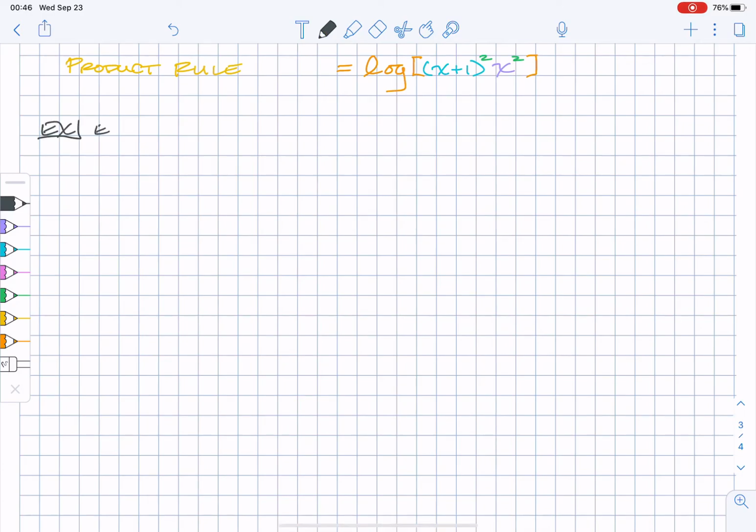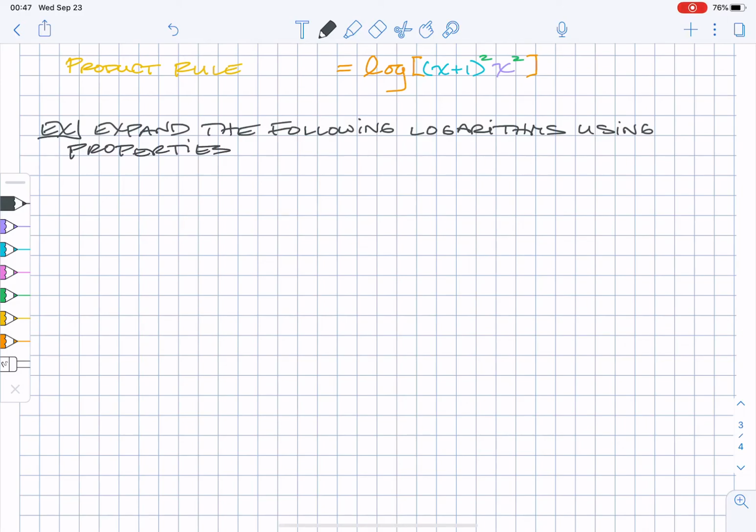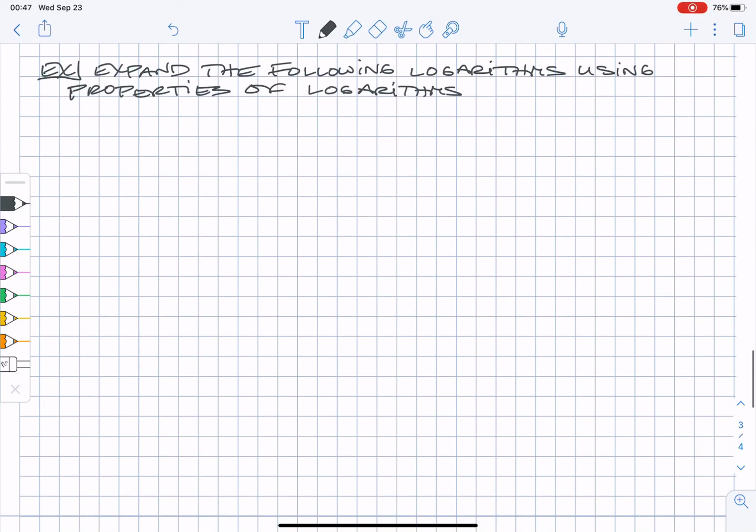So expand the following logarithms using properties of logarithms. Okay, so number 1.